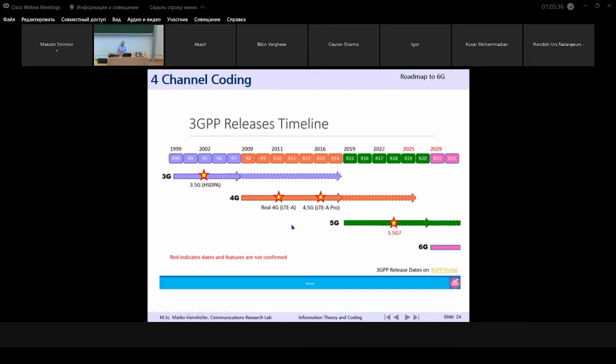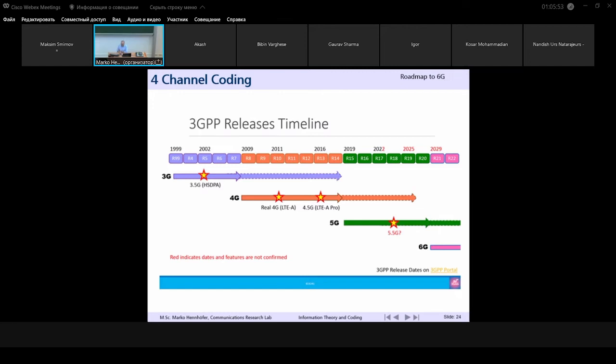Otherwise, if you just developed one standard in your country, and the others used a different one, no matter how good your standard is, it won't be successful. This always needs to be considered.